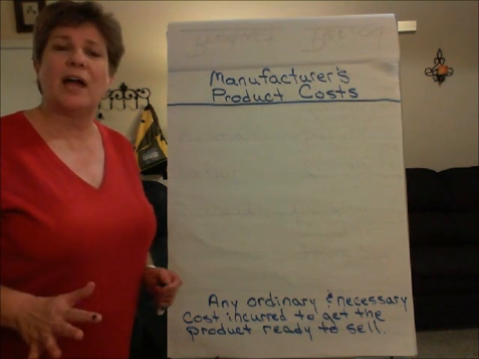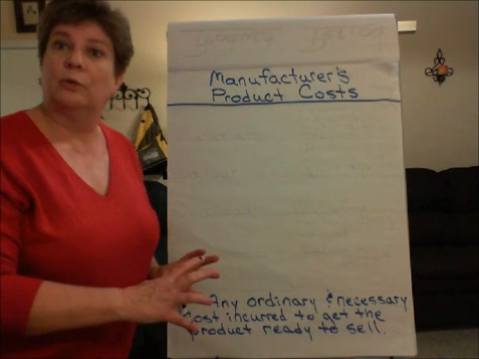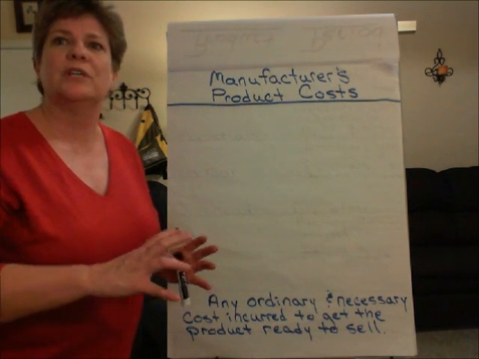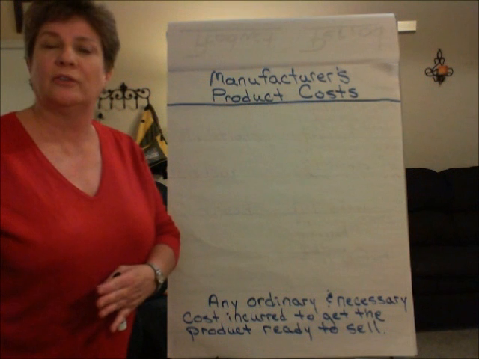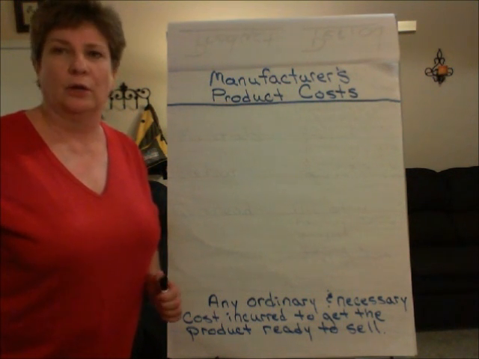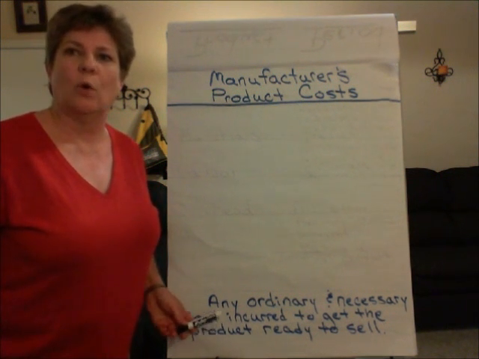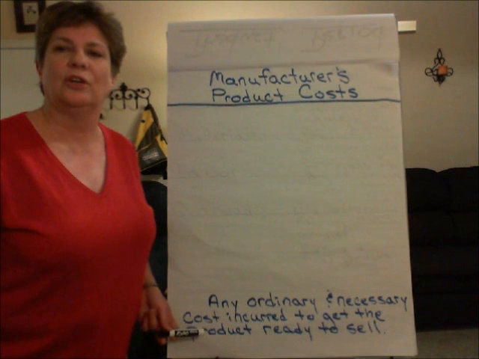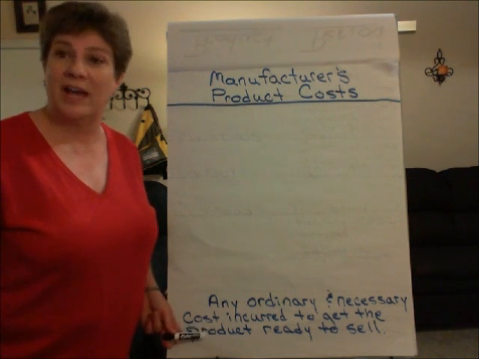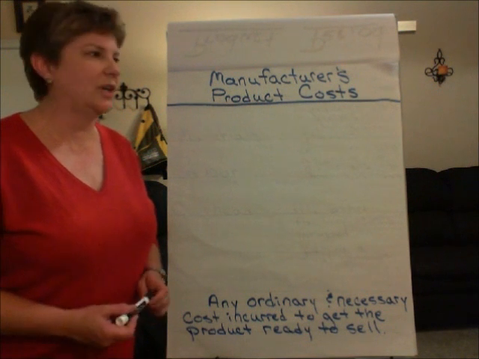A manufacturer takes a raw resource and converts it into a completed product, which is then sold either to an intermediary, a wholesaler, or to the final customer. So we're talking about any ordinary and necessary cost incurred to get that product ready for its intended use, to be sold to the customer.